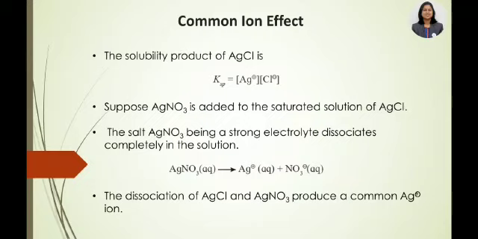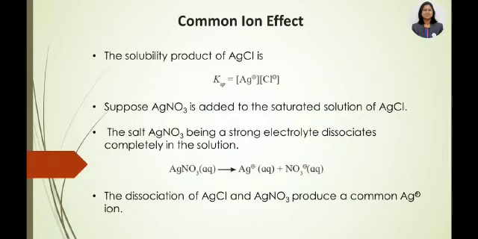Now suppose AgNO3 is added to the saturated solution of AgCl. I'll repeat. Suppose now we add AgNO3 to AgCl solution, which is a saturated solution.